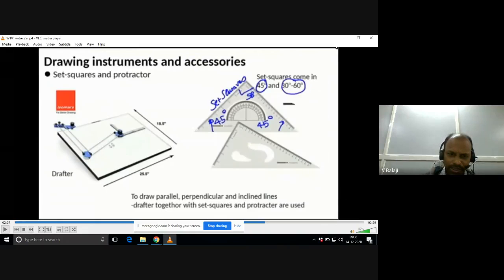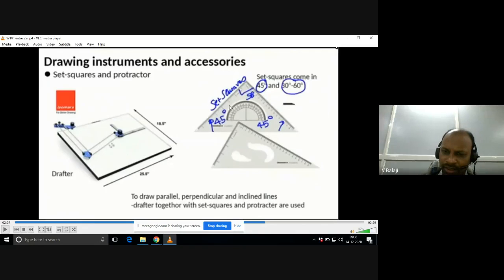Next, we come to the next instrument, set squares. Even though the mini drafter also has measurement of angles, with an inbuilt protractor, sometimes in order not to disturb the drafter all the time, we use a set square also. You can purchase a 45-degree set square.